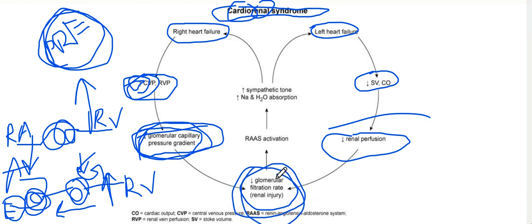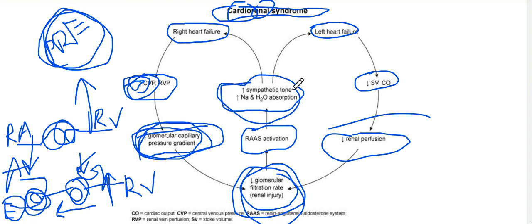When there is decreased glomerular filtration rate, that causes renal injury, because the venous drainage that takes the blood out of the kidneys is hindered. So that leads to the renal injury. To accommodate that, there is activation of the renin-angiotensin-aldosterone system that causes sodium and water retention and sympathetic stimulation.